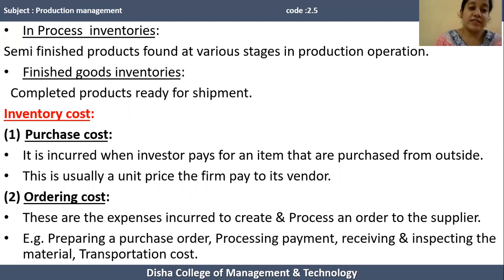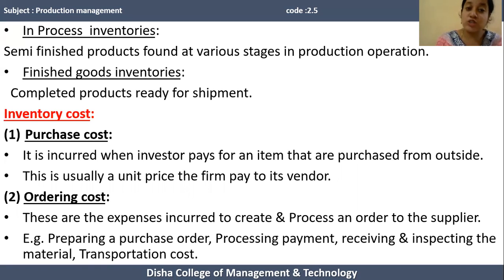Next type of inventories is in process inventories. These are semi-finished goods or semi-finished inventories. After some time, when the organization has issued some materials to the machineries, the manufacturer gets some semi-finished products or semi-finished goods that also have certain value, and by using these semi-finished or work in process goods, the organization or manufacturer produces the final goods or finished goods.